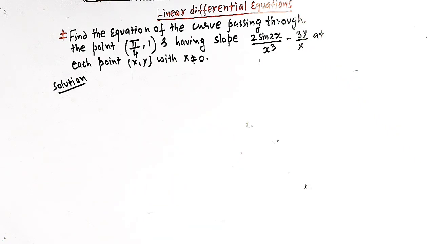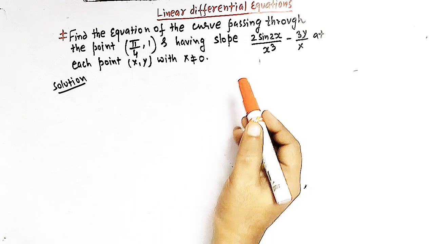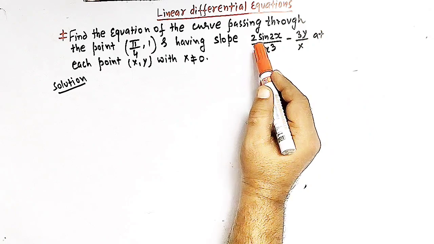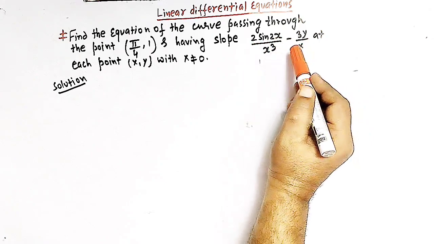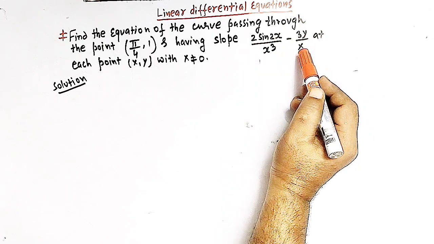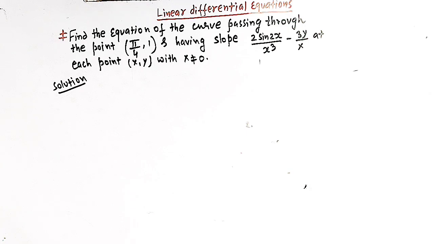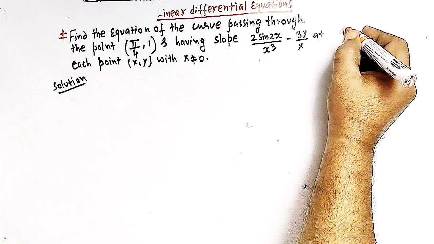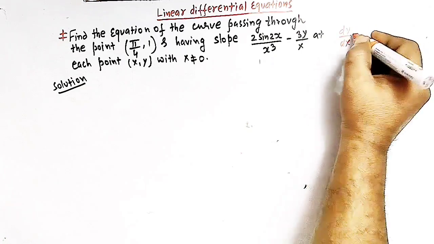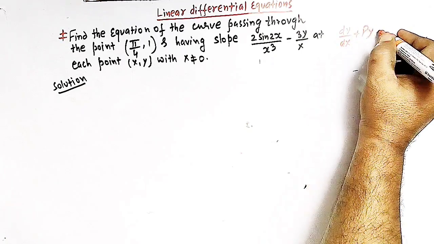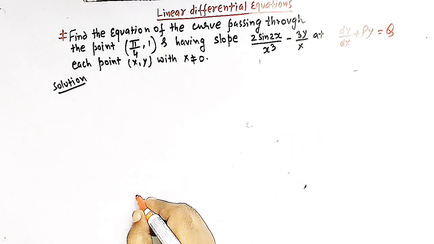So here we have to obtain the equation of a curve whose slope is given as 2 sine 2x over x cube minus 3y over x, and in order to find the equation of the curve, we'll make use of the concept of linear differential equations of the type dy over dx plus py is equal to q, right?